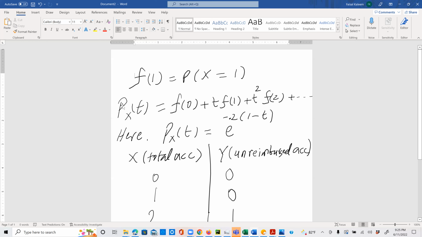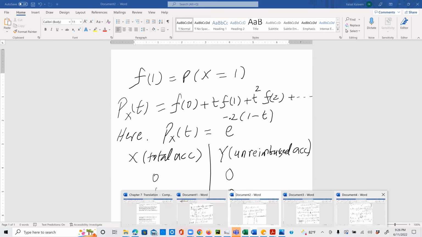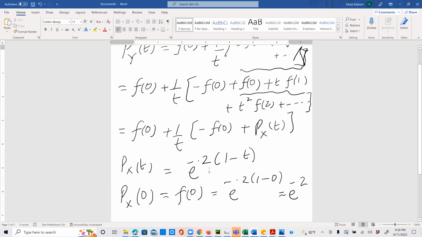So therefore, p x 0 is equal to f of 0. That's true for any probability generating function. So p x 0 gives us the f of 0 that we need in this equation, and that's e power negative 0.2.